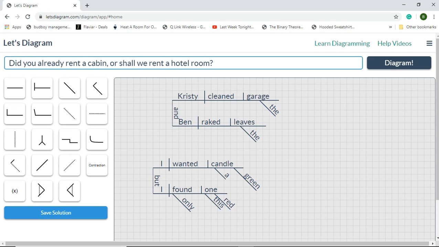Now look, it's a question sentence, so let's turn that into a statement. You did already rent a cabin.